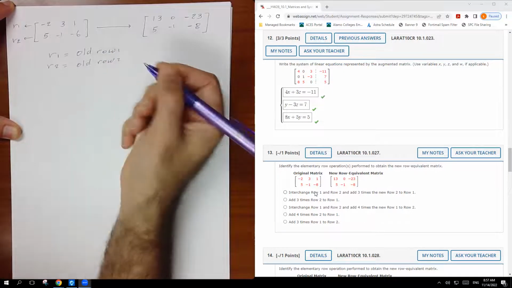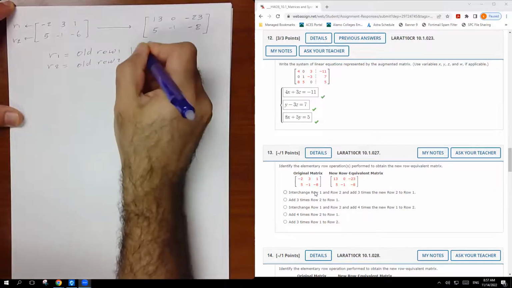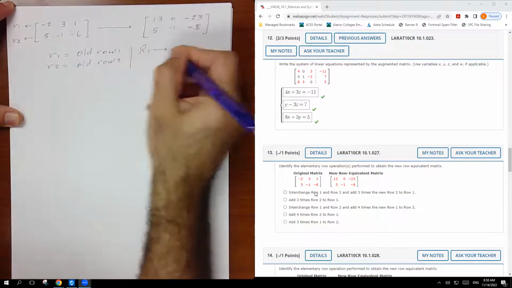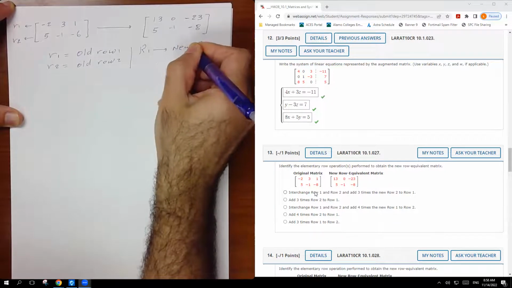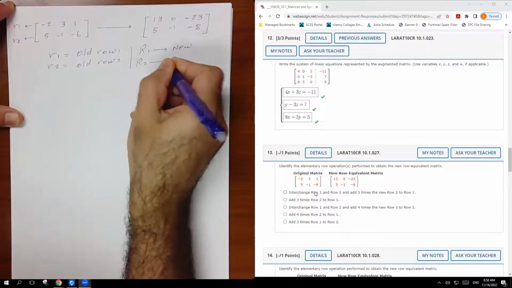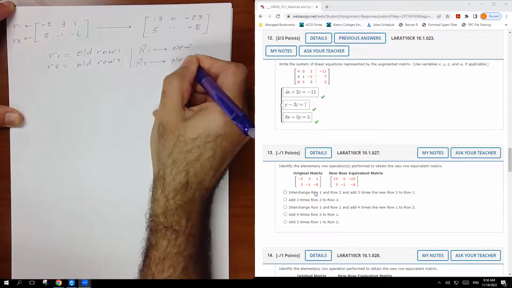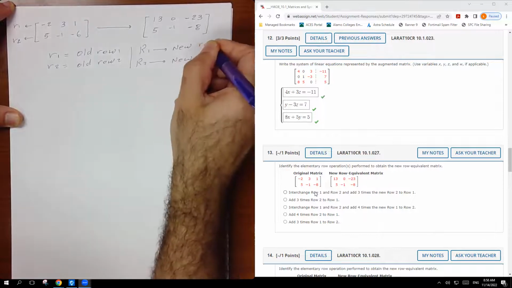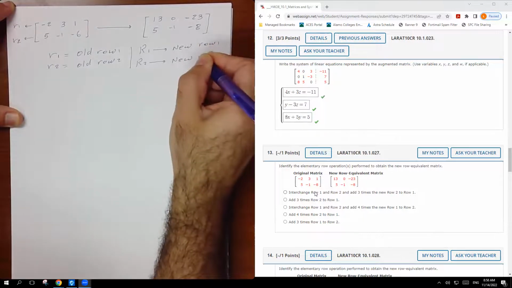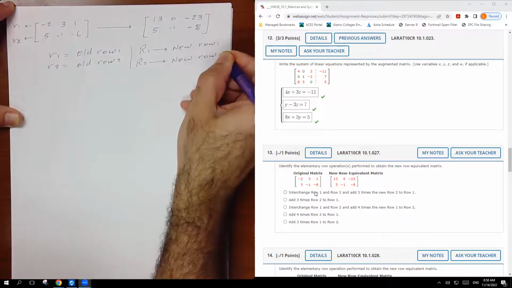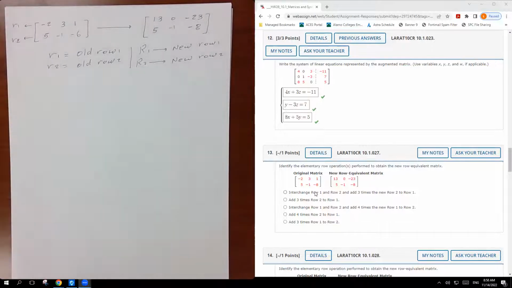So you can know the difference. When I write capital R1, this is the new row 1. Capital R2, this is the new row 2. Because this is important.